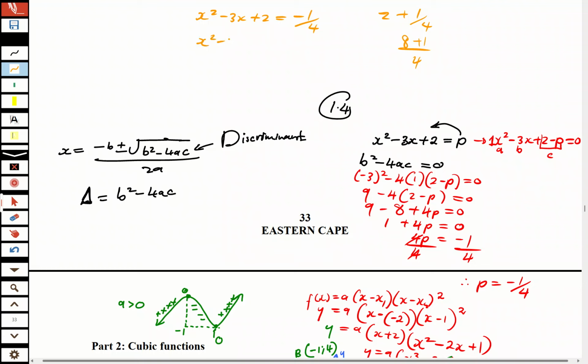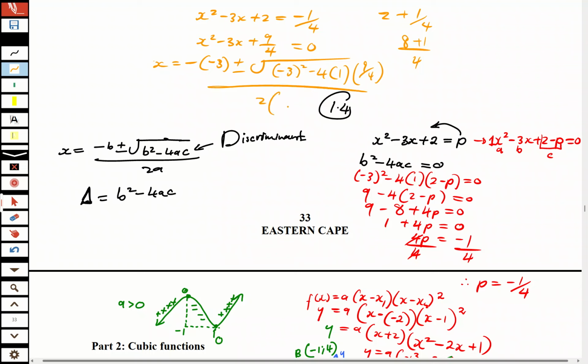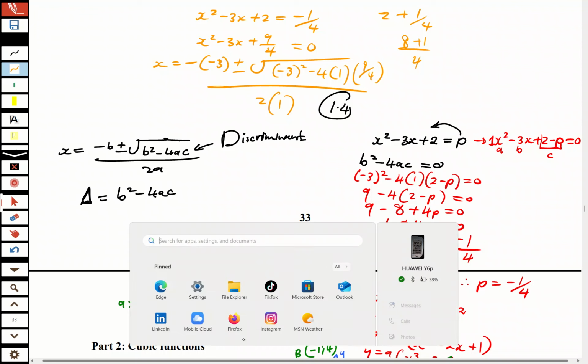So we have x squared minus 3x plus 9 over 4 equals 0. Now use the formula: x equals minus b, which is minus negative 3, plus or minus the square root of b squared, negative 3 squared, minus 4 times a, which is 1, times c, which is 9 over 4, and everything divided by 2 times 1. Now let me take out my calculator.